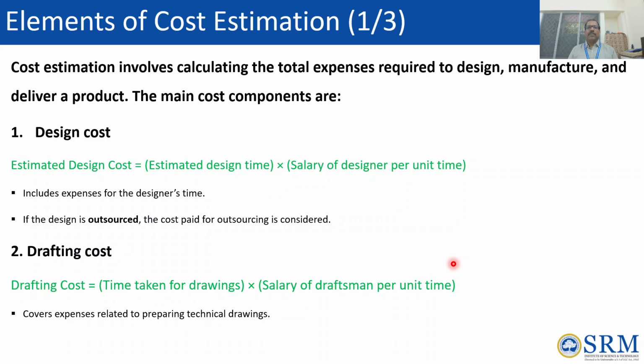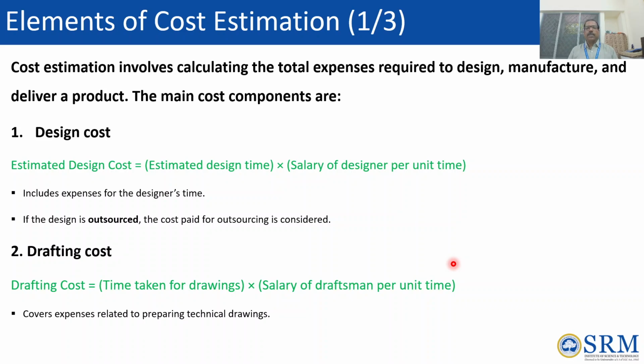Okay, for them we need to pay some wages, right? Salaries we need to pay. So how much time he is spending, how much money we are going to provide as salary, with the total time required. So that will be your estimated design cost.